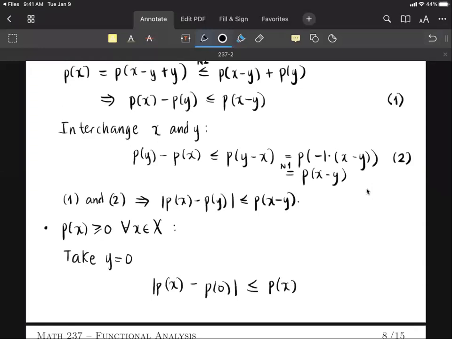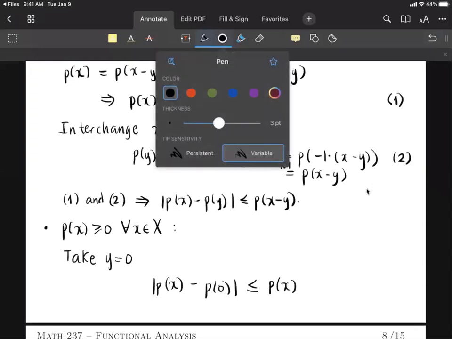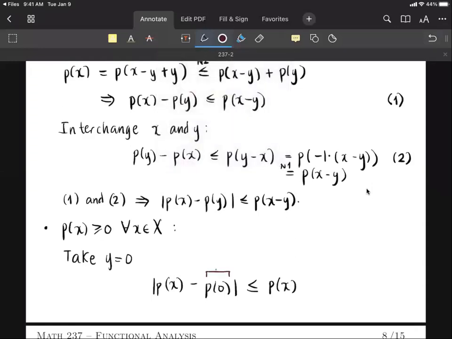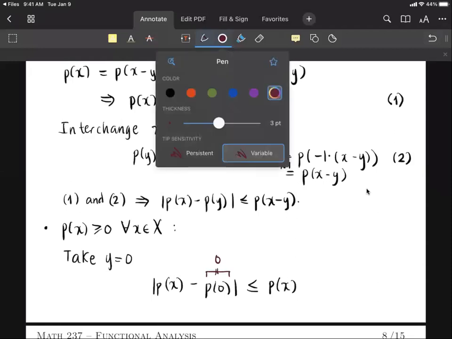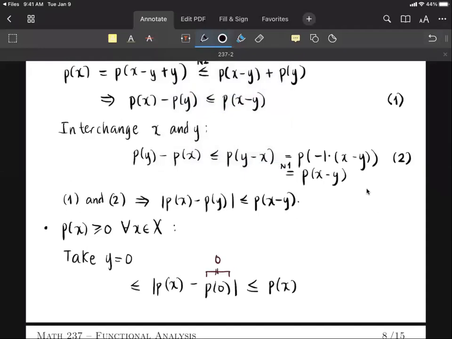And we know that this is 0. So a number that is greater than its absolute value must be non-negative. Or in other words, we know that the absolute value is always non-negative. Hence, the seminorm of any vector would be non-negative.